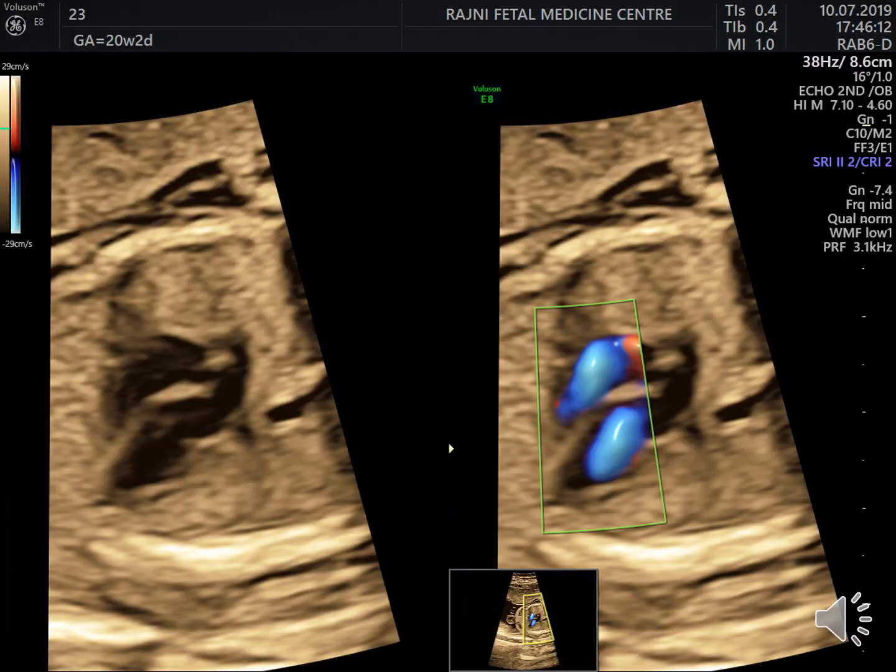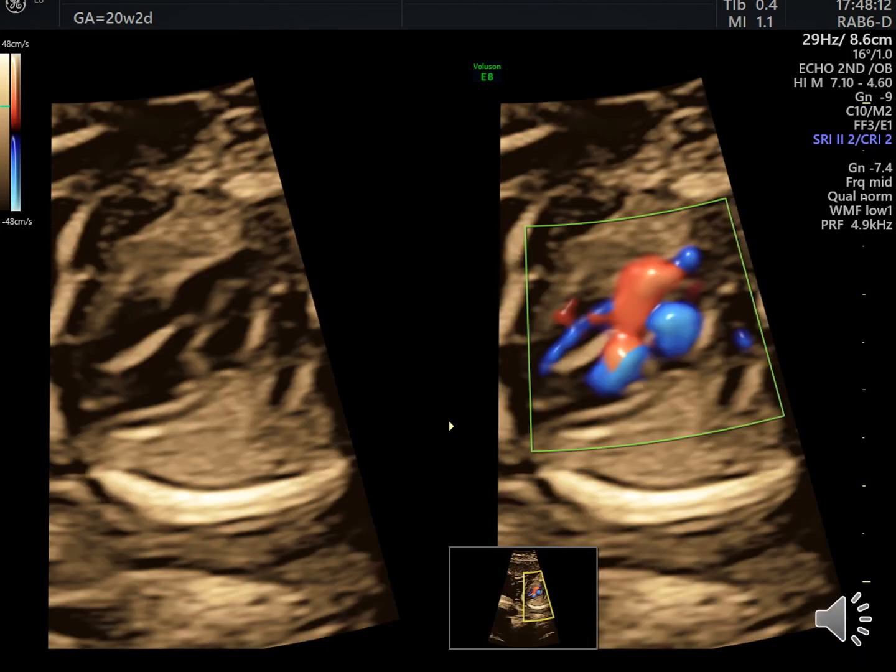This is the 4-chamber view, and as you can see, the 4-chamber view appears normal. This is the left outflow tract. You can identify the ventricular septal defect. You are seeing the ventricular septum which is overriding the aorta, and you can see the flow to the aorta from both sides, from both the ventricles.